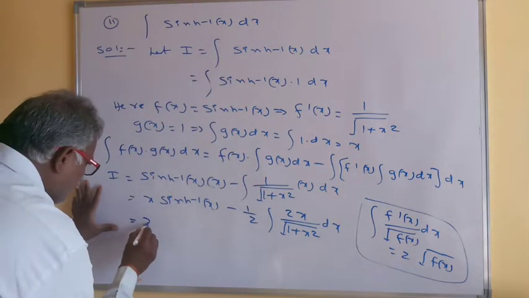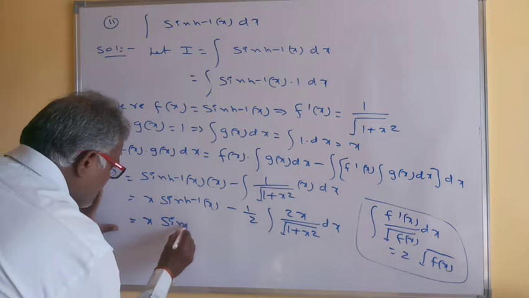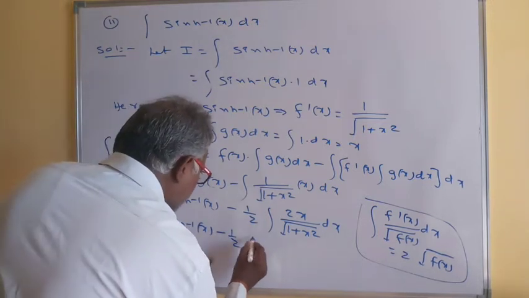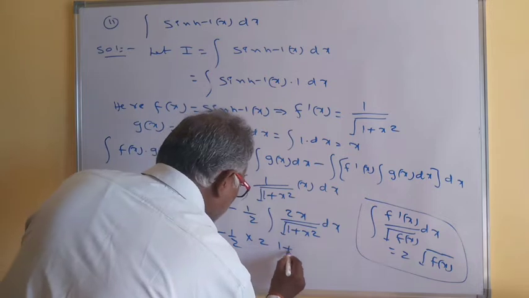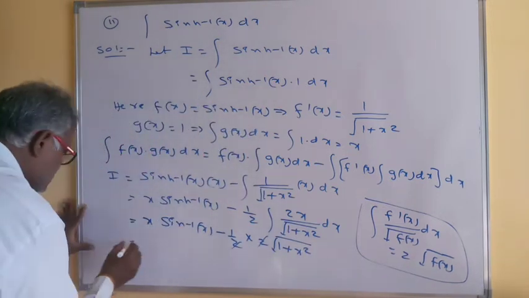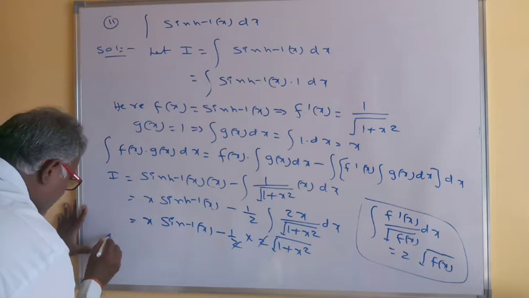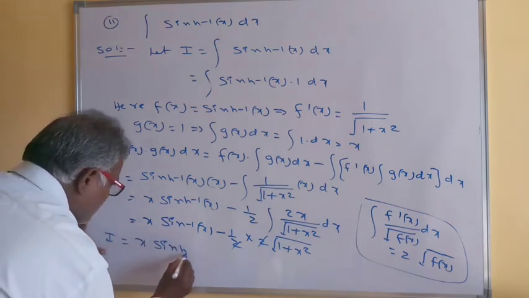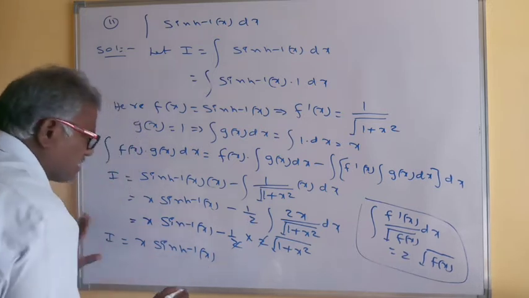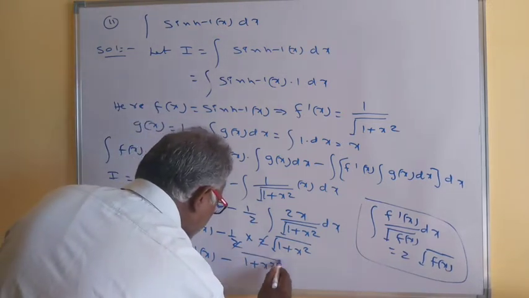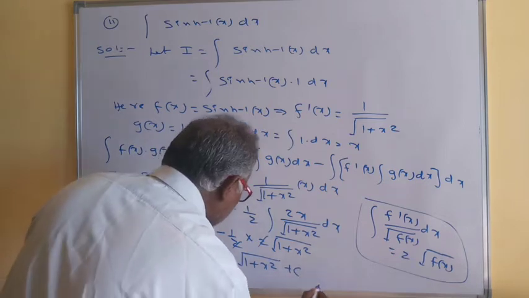So finally, x into sin h inverse x minus half into 2 root 1 plus x square. 2 to cancel. So finally I is equal to x into sin h inverse x minus root of 1 plus x square plus c.